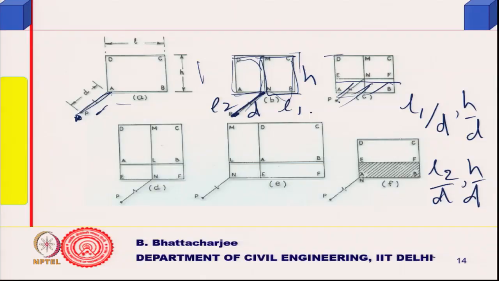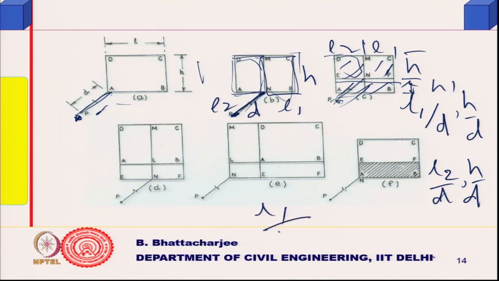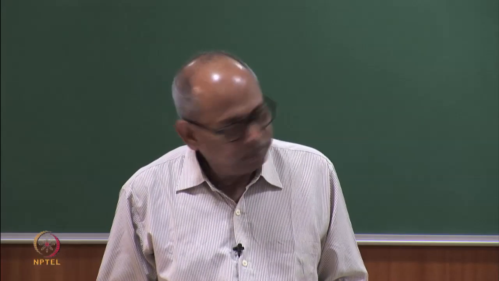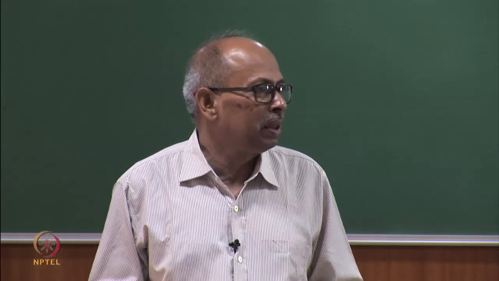So, you again find out for this portion of the window and this portion of the window and sum it up. Say this is L1, this is L2, this total is H and this is H1. You will find out for L1 by H minus H1 and L2 by H minus H1 and sum it up, and that is how the tables are used.